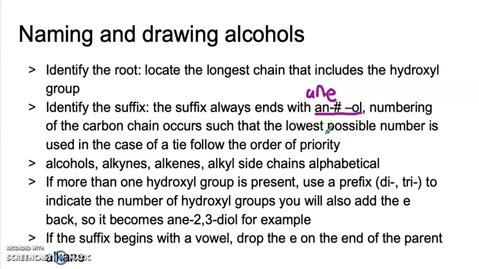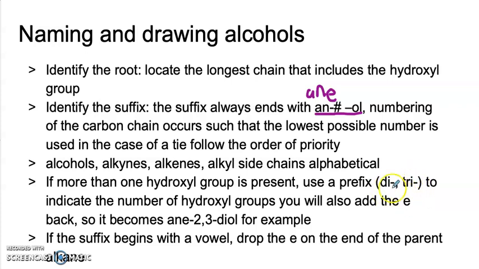There are some situations where the E gets to stay. If you look down here, we have something with two hydroxyl groups. Just like with all our other side chains, if we have two of something, we're going to call it a di. So if I have two alcohols, I'm going to call it diol. If I have three, I'm going to call it a triol.